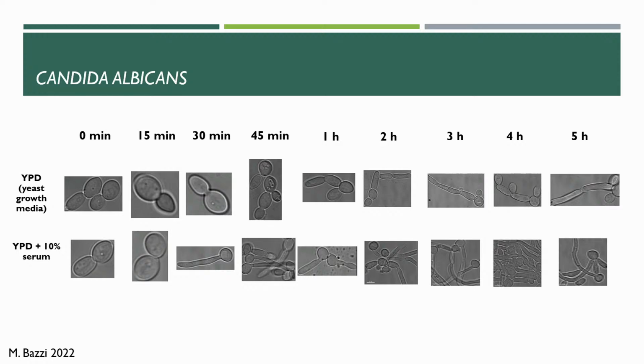But there are certain triggers that can trigger hyphal formation, and serum is one of those things that we know triggers growth and hyphae formation. When I put the fungus in the same media but with 10% serum, you can see that by 30 minutes it started to change to the filamentous form.